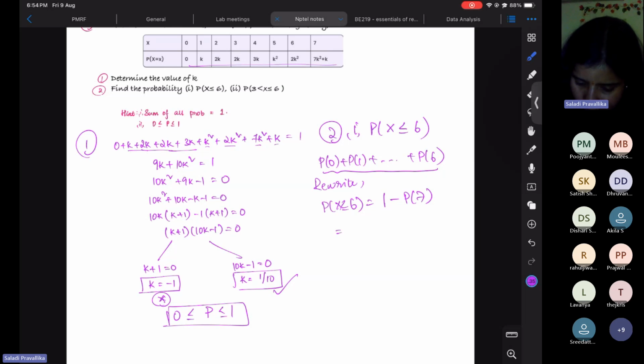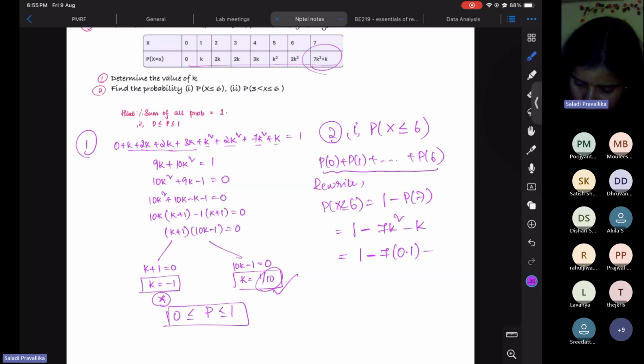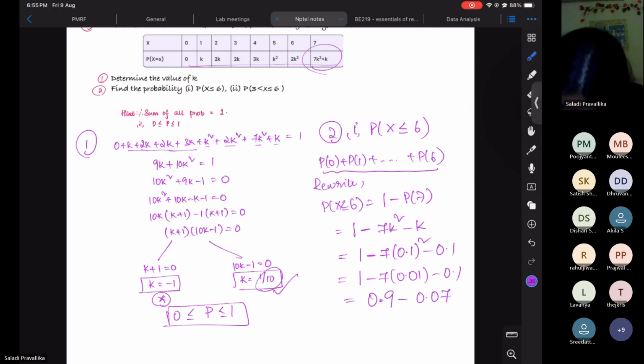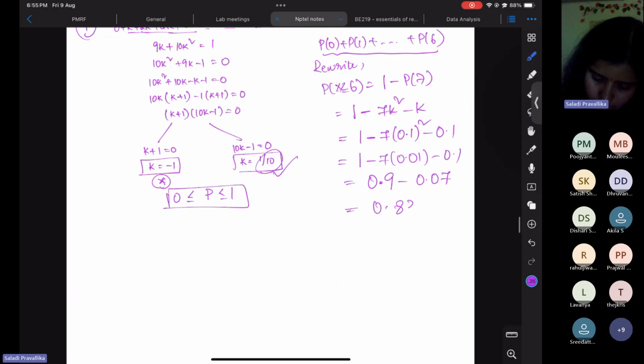So I'll write it like that. 1 minus, so P of 7 is what here? K square minus k. Let us put this 1 by 10 value here. So 0.01 minus 0.1. 1 minus 0.1 is 0.9, minus 0.07, right? That's 0.83.